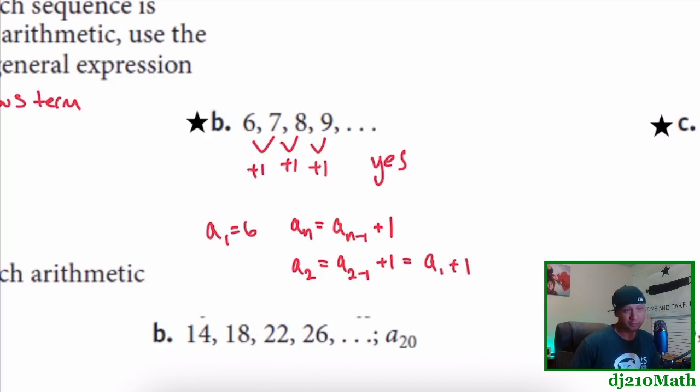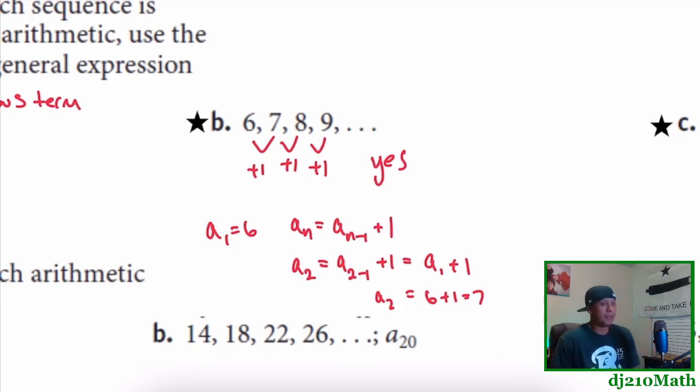So a sub 2, the second term in the sequence, should be the first term plus 1. And in this case, the first term would be 6. 6 plus 1 is 7. So a sub 2 should be 7. Oh, and hey, look, it is.